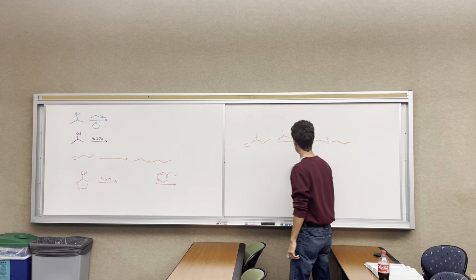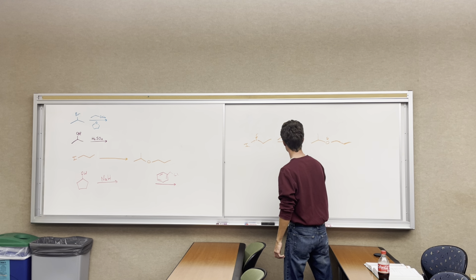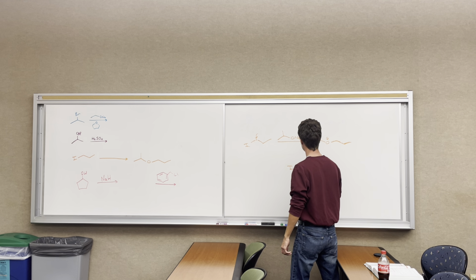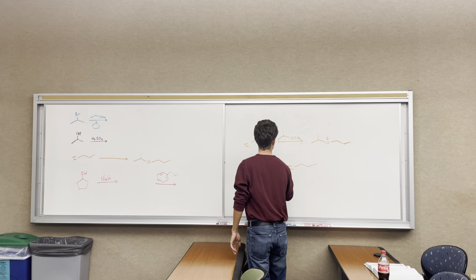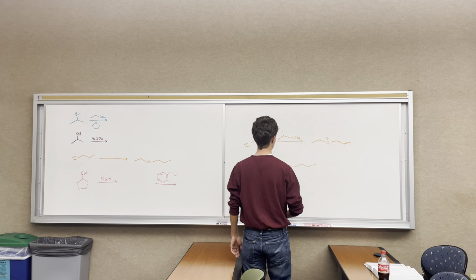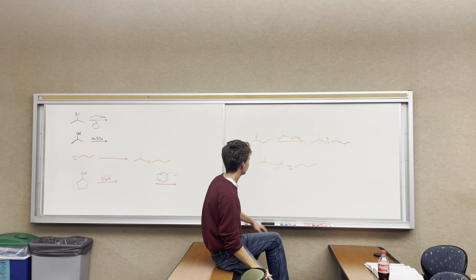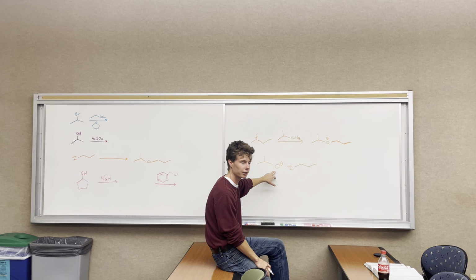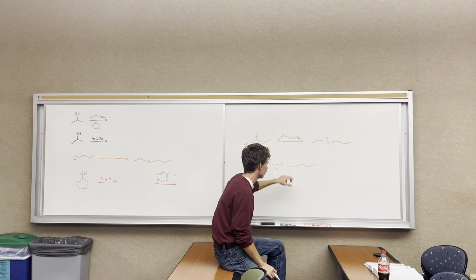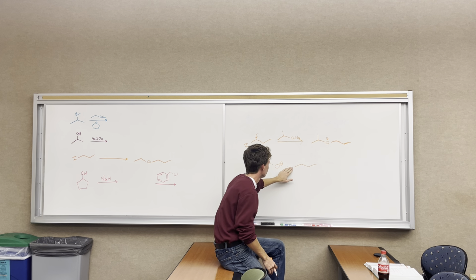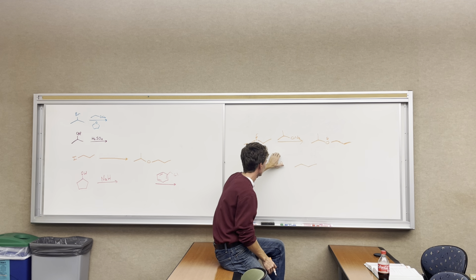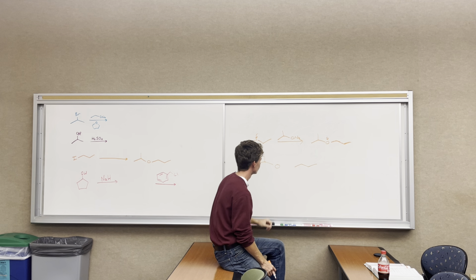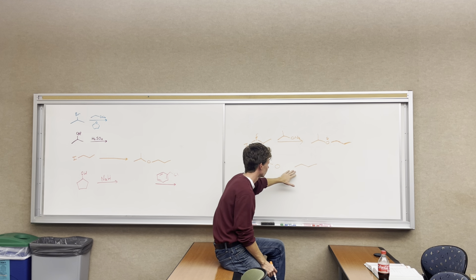And when I put these two together, all I have to do is combine these. Iodine's going to leave, oxygen's going to take its place, right? It's going to attack the same carbon, our leaving group's going to leave, and we're left with these two combined.